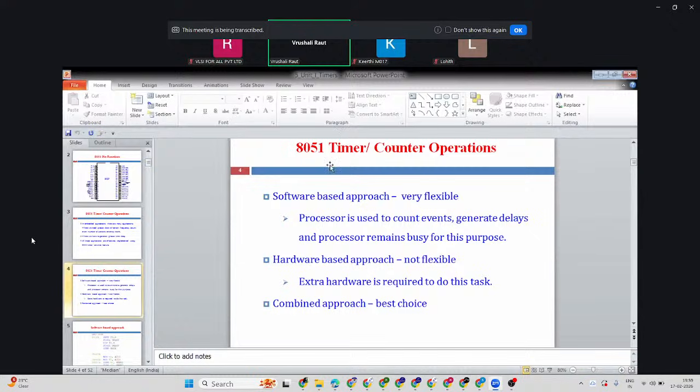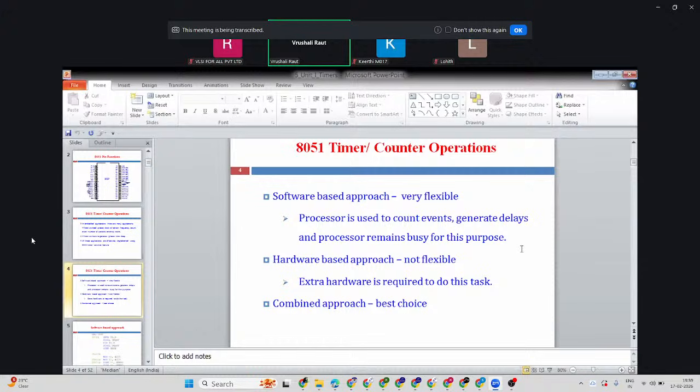Okay. So now, this timer operation has two ways to generate the delays. One approach of generating the delay is the software based approach. Okay, and it is a very flexible approach. The processor is used to count events and generate delay, and the processor remains busy for this purpose.